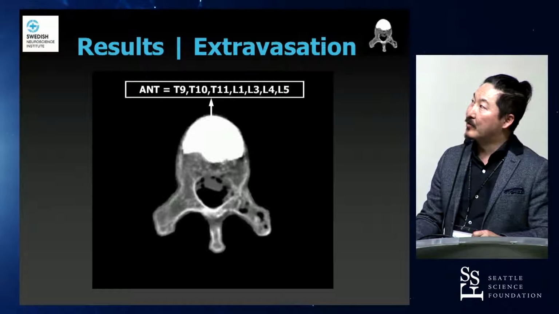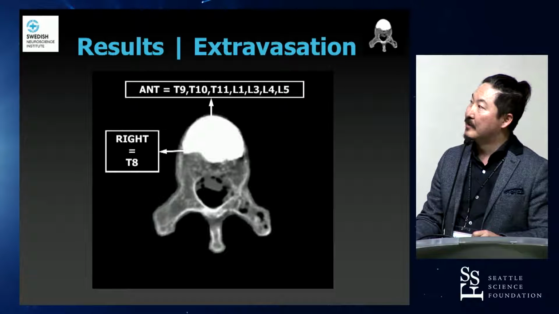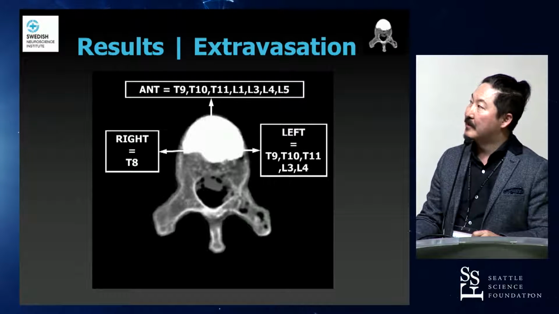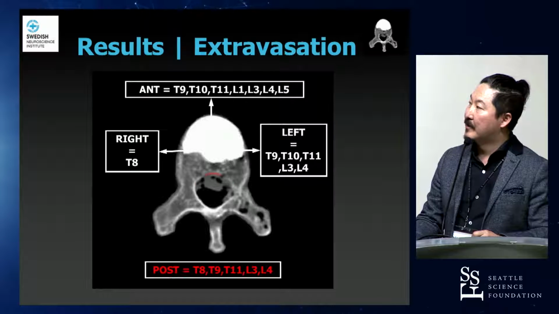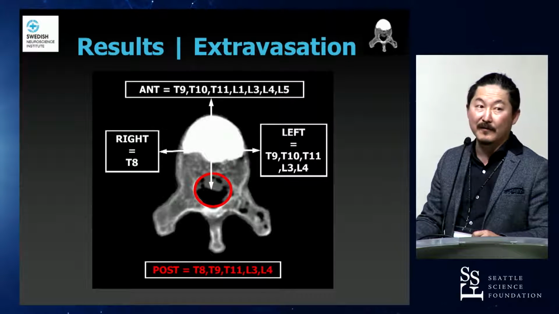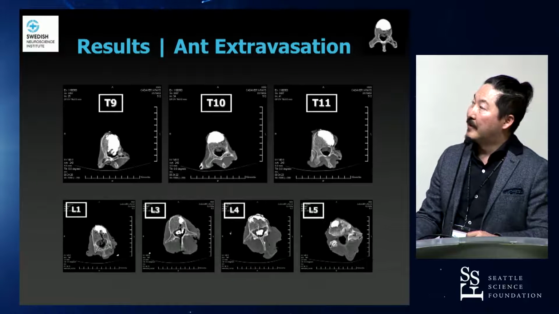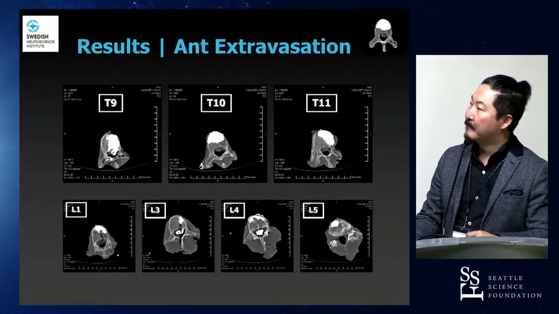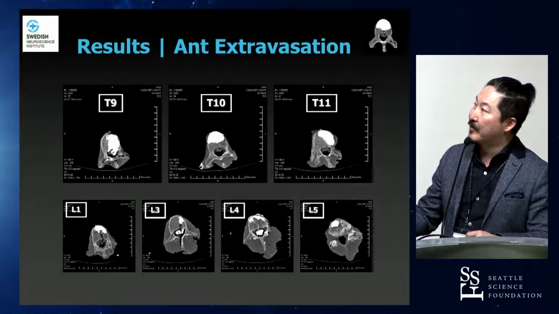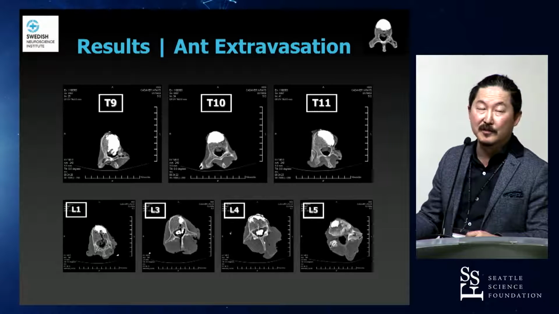These were the levels where we saw anterior extravasation on the right side at T8, on the left side at these levels, and then posteriorly at these 5 levels. And so we took a look at these in detail. The anterior extravasation occurred at these levels. And you can see that in the vast majority of these cases, either zone 1 or zone 2 was almost always involved with anterior extravasation.